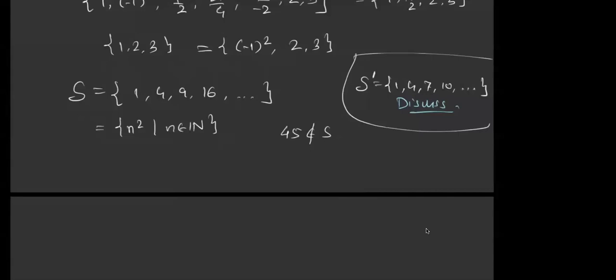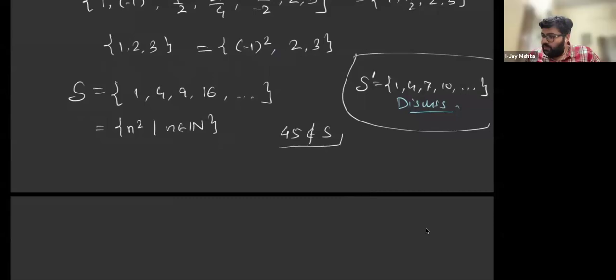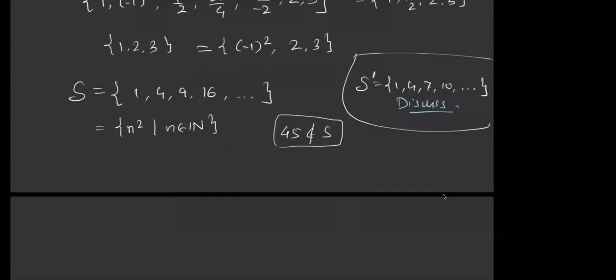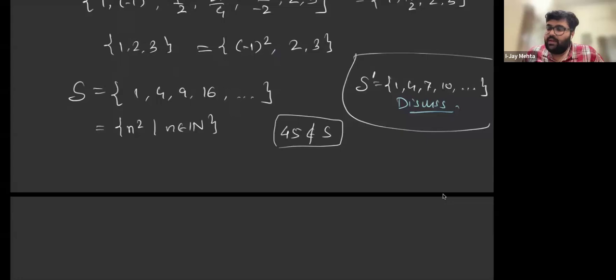Because 45 is not a perfect square, and we cannot take any n and multiply that n with the same number, so we cannot get 45.